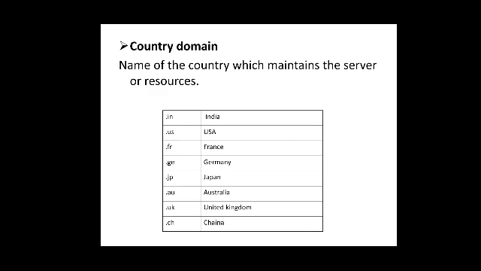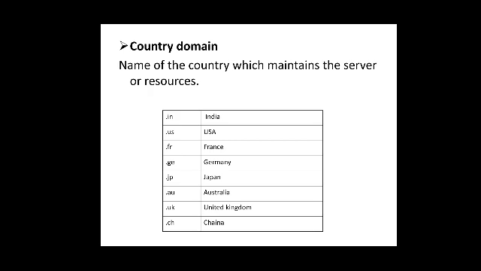Whenever your operating system asks for the IP address of the domain name, the DNS server will see what extension is present. If it sees .in, it understands this website is related to India, and it will ask the DNS servers operating in India: so and so is the website that I have got, so please specify the IP address.